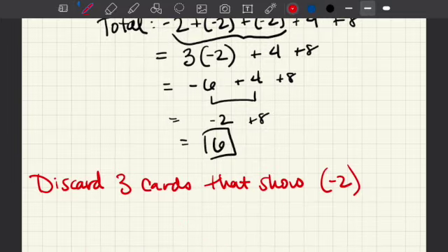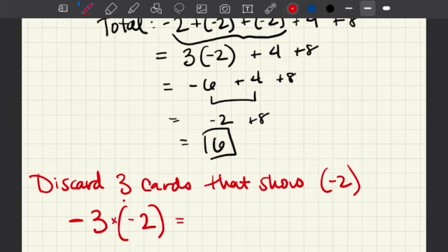The way that we can show that is by saying -3, because we're taking away these 3 cards, and we're going to say times -2. According to the rules of multiplication, -3 times -2 is going to be a positive number.